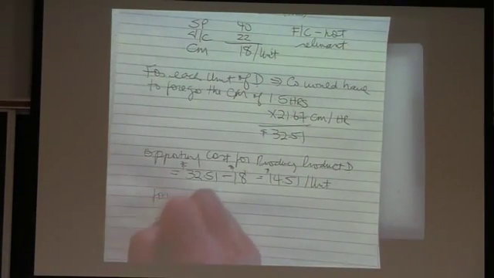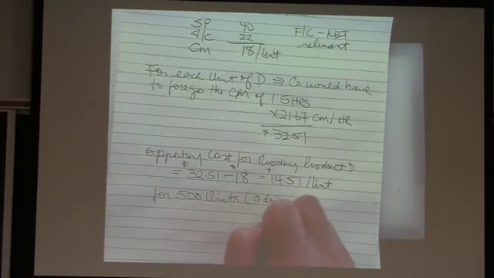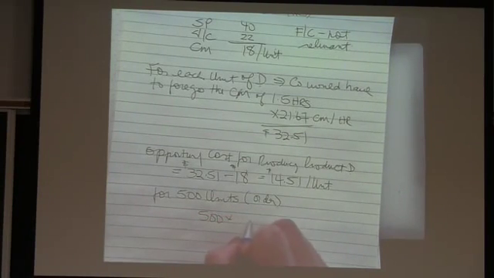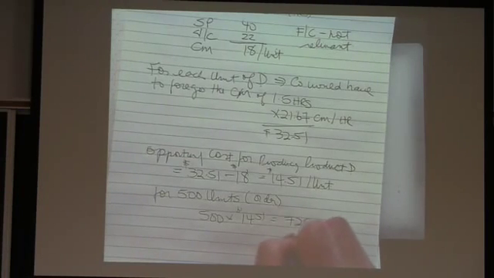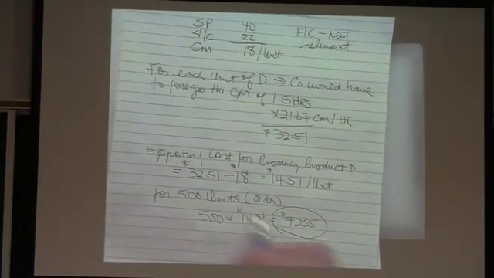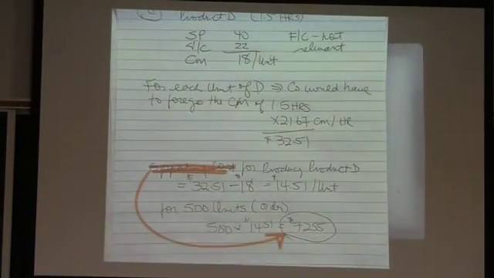So for the 500 units of this order, we multiply 500 times 14.51, which gives me 7,255. That's the opportunity cost for accepting product D.